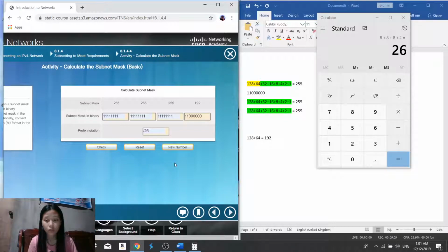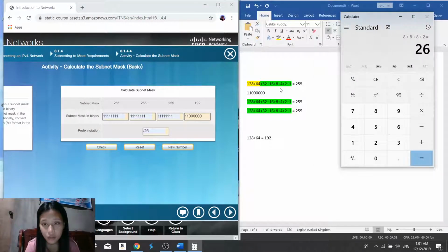So I hope you understand how I did that: how I get the subnet mask in binary, and how I get the prefix notation, which is all the numbers that have 1. I just add them and put the result in here, which is 26.